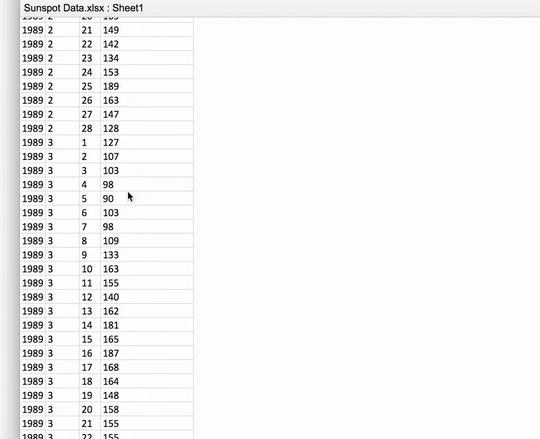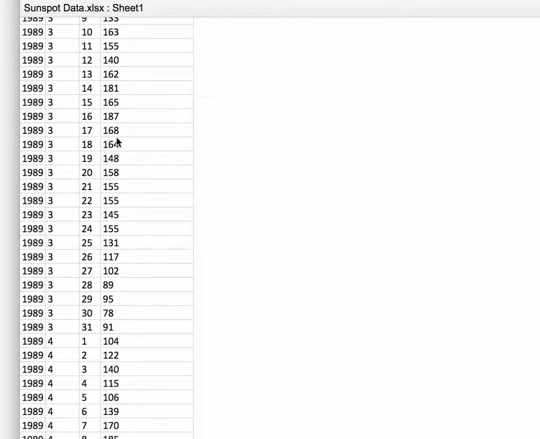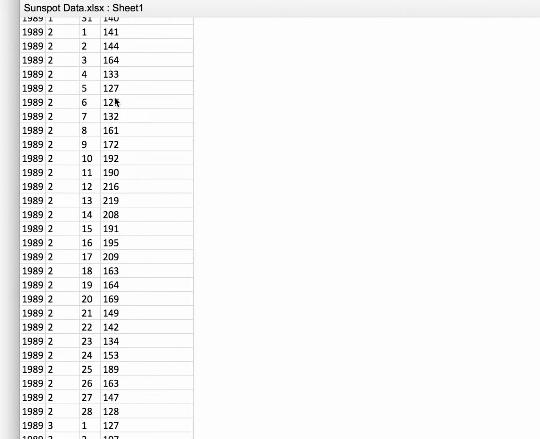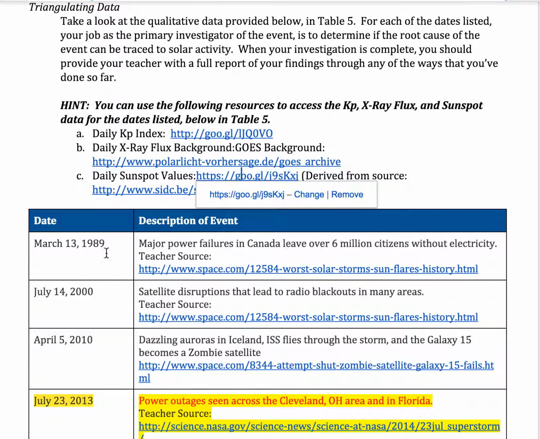But as we go to 1989 and we go to 313, you can see that we're in much higher levels, 162, 181. Certainly this was a peak time period of sunspot activity that we would have expected during that time.